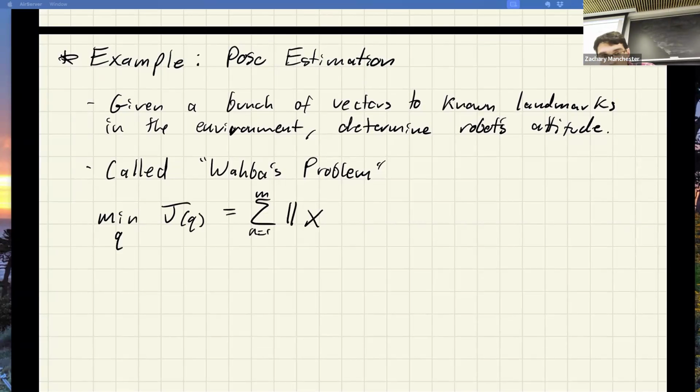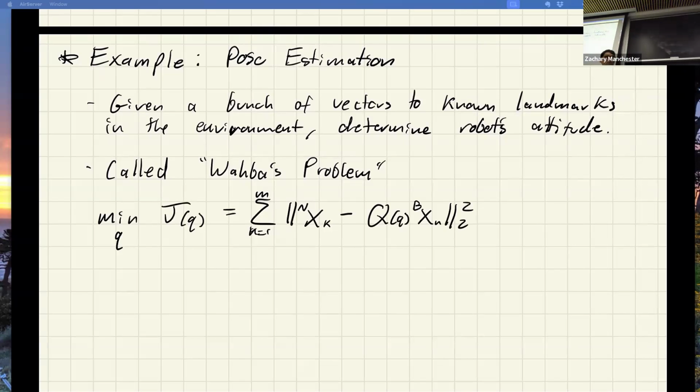I have this unit vector k in the n frame, the inertial world frame, whatever you want to call it, and then I have the same vector observed from my camera in the body frame. And I just take the least squares loss over all these vectors.